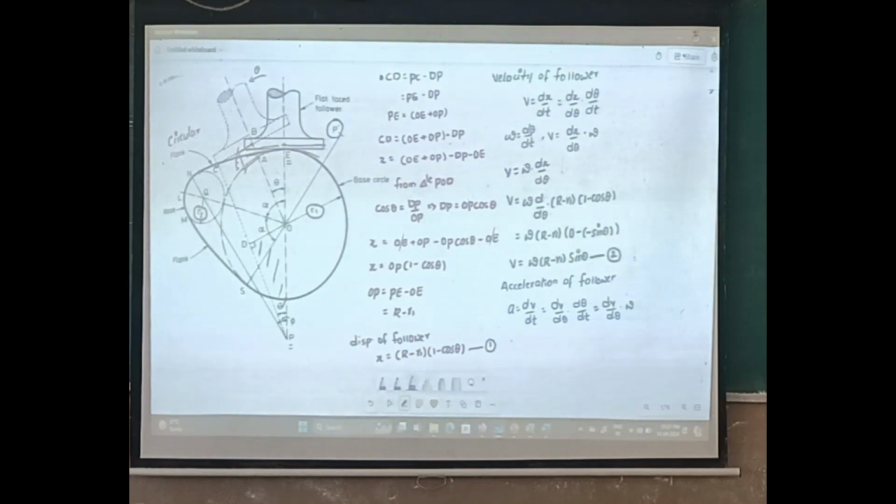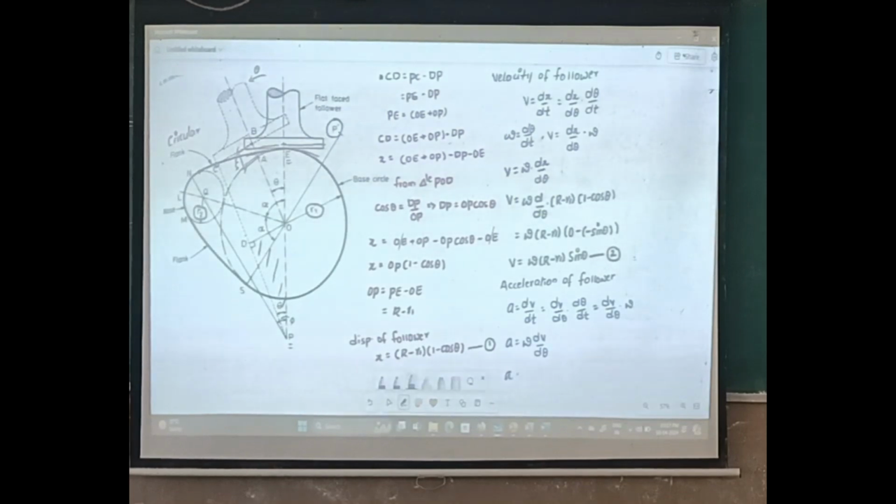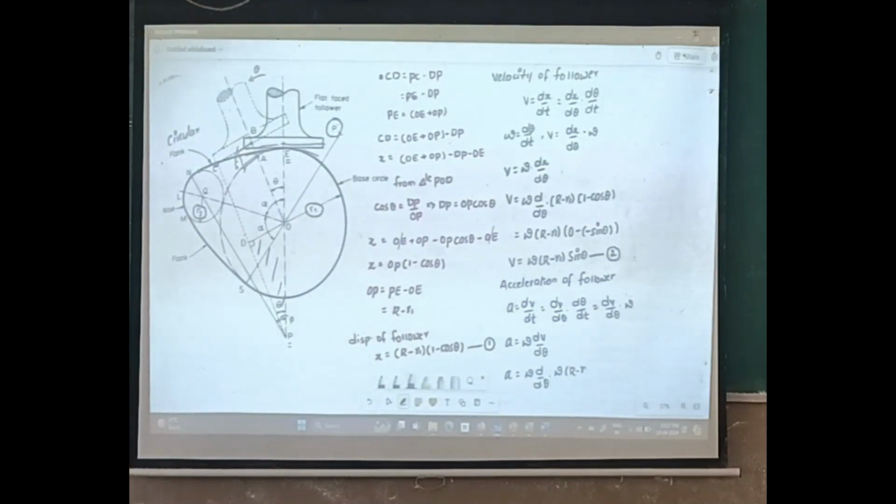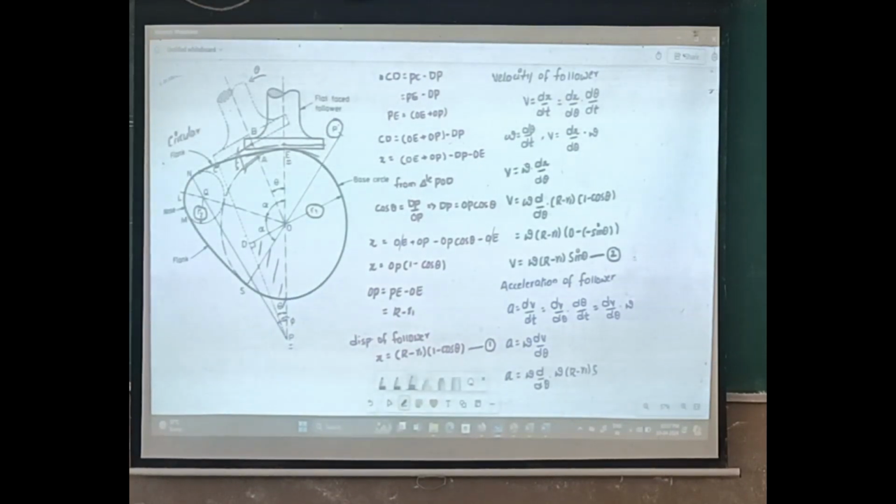So acceleration A is equal to omega into dv by d theta. Now we already know the velocity, so acceleration is equal to omega into d by d theta of omega into (R minus r1) into sin theta.